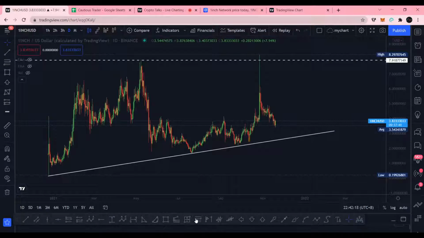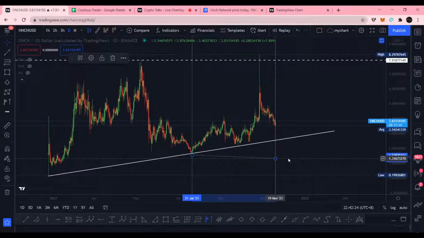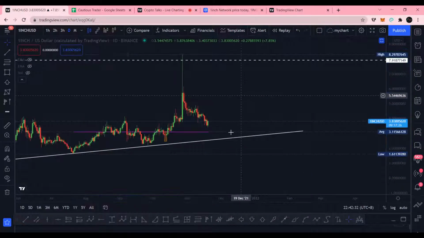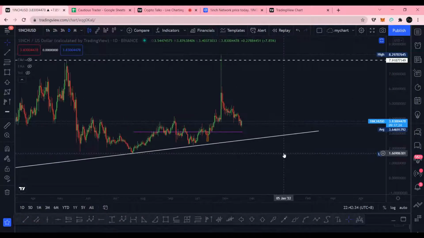Here, we're going to add the volume profile at this support area, July 21, and we'll extend it until the current candle. We're also going to use this point of control as our support area.